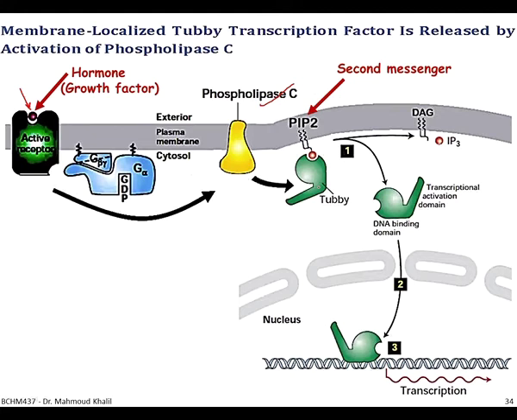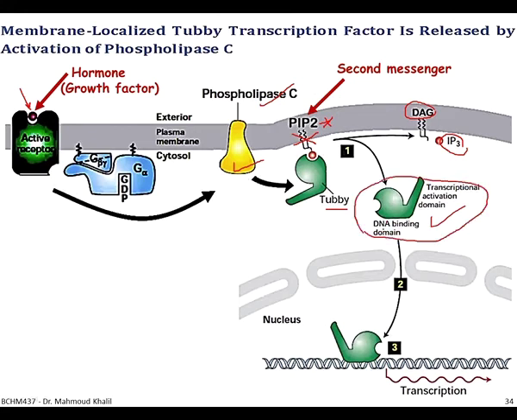Normally, the TAPI is inactive once it is bound to PIP2. So the effector phospholipase C, once it is active, will break down PIP2 into IP3 and DAG. Once PIP2 is broken down, this will lead to the release of this TAPI protein. So now this TAPI protein is released in the cytoplasm.